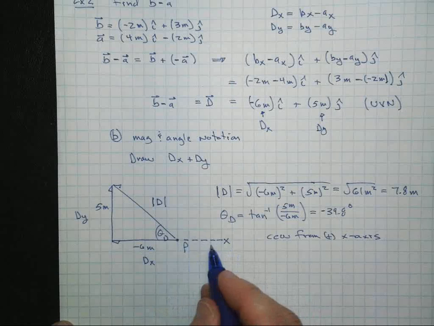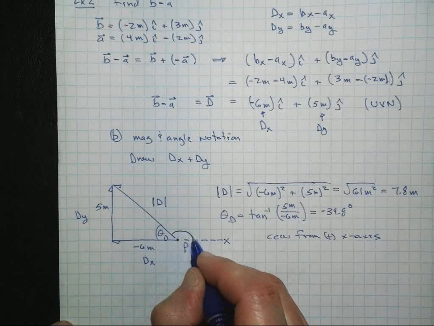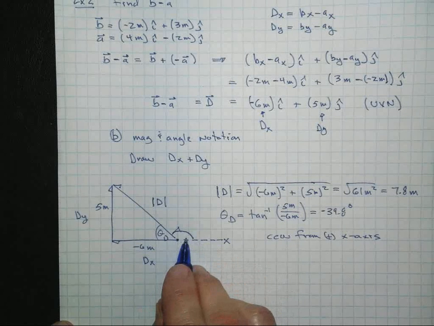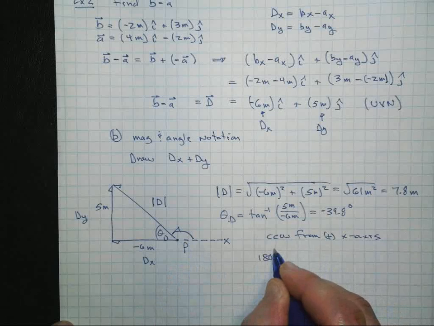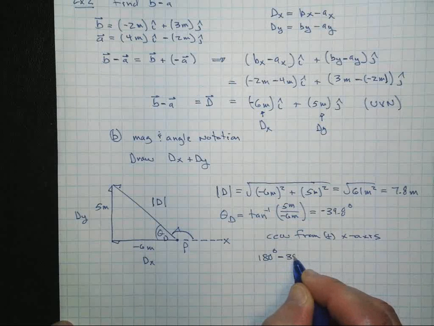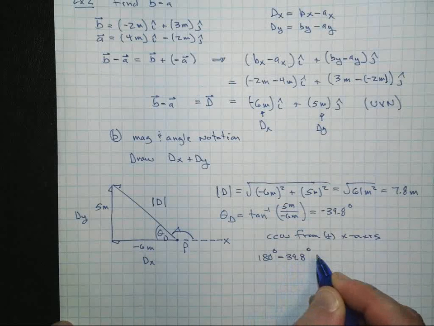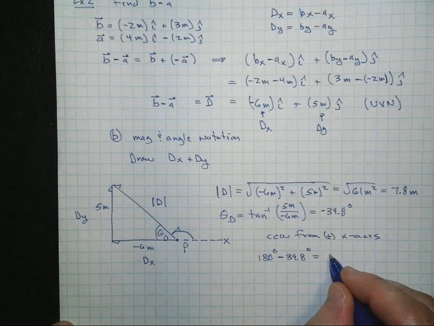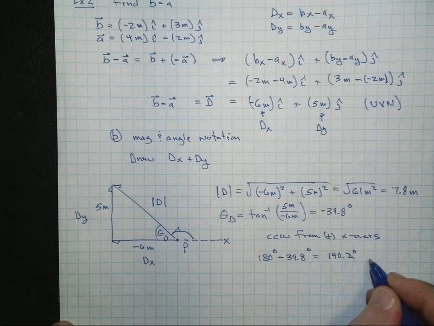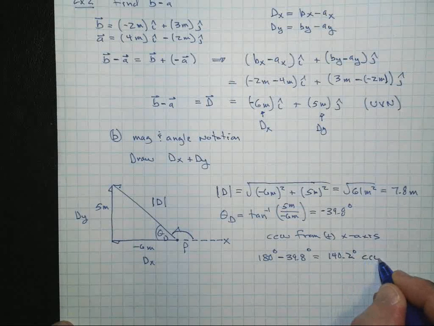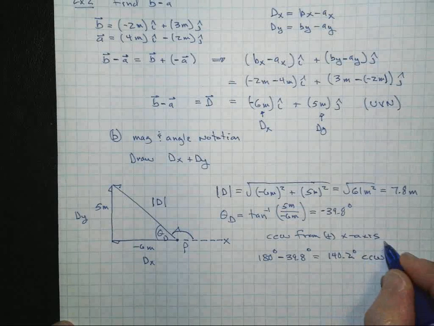Suppose we want to specify this angle right here. Very simply, that angle would be 180 degrees minus 39.8 degrees, which gets us an angle of 140.2 degrees counterclockwise from the positive x-axis.